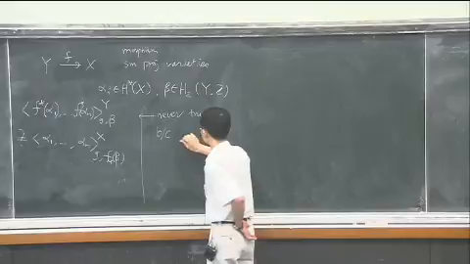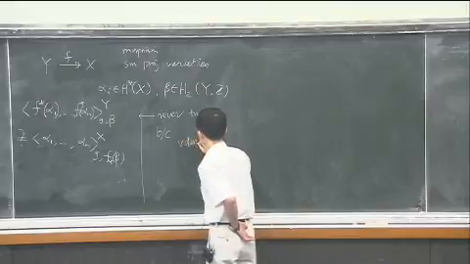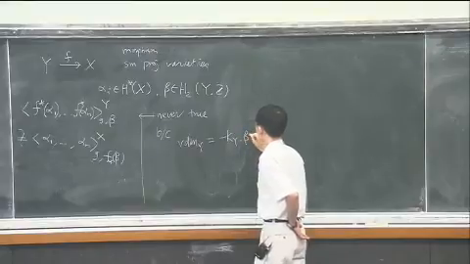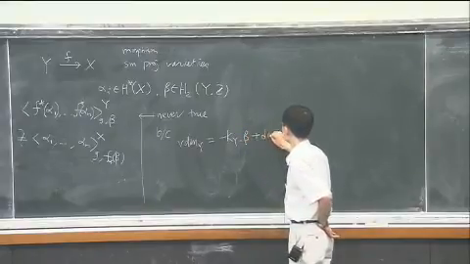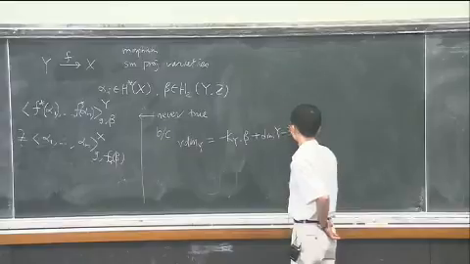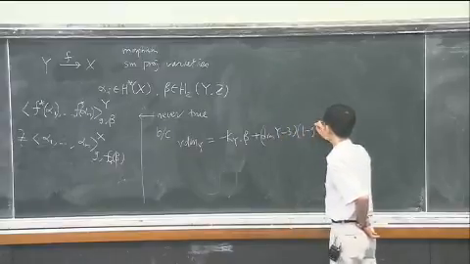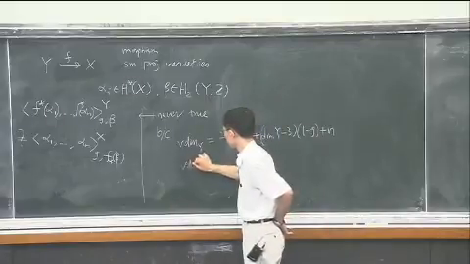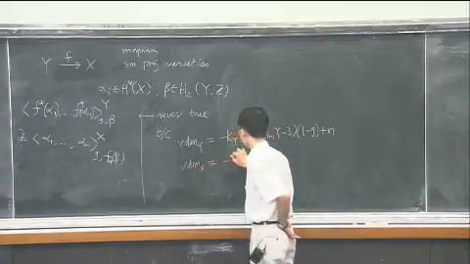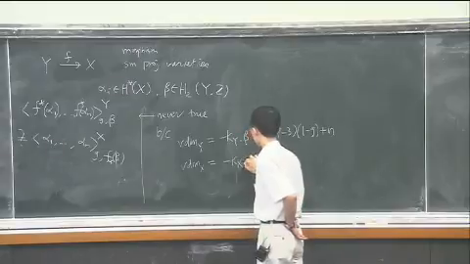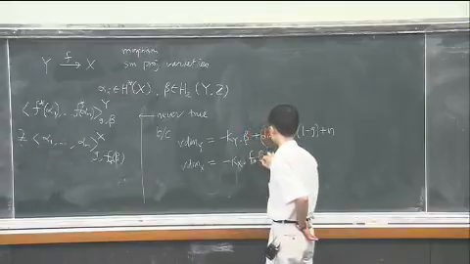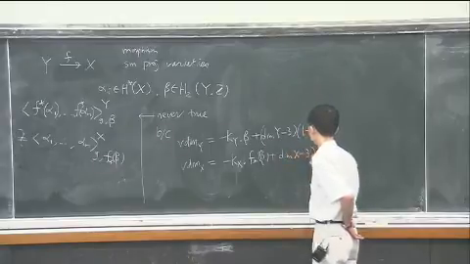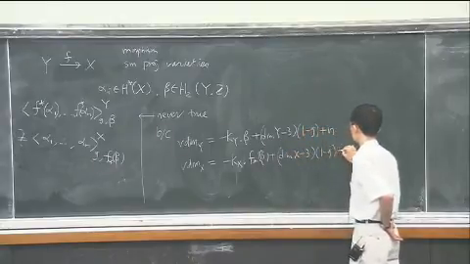the virtual dimension on the y side will be minus k y dot beta plus dimension y minus 3, and then 1 minus g plus the number of marked points. And on the x side, it will be minus k x dot f lower star beta plus dimension x minus 3, 1 minus g plus n.